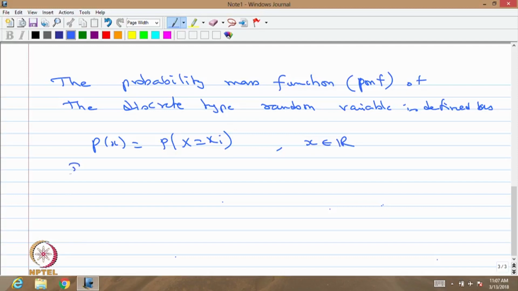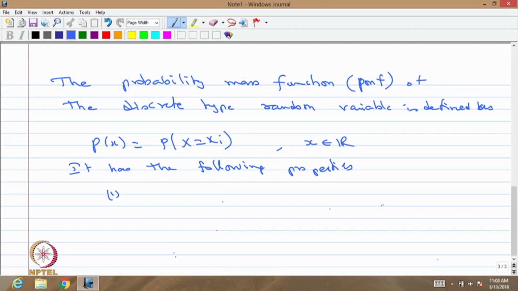It has the following properties. The first property, since P of x is the probability that x takes a value xi, wherever there is a probability of x equal to xi, it is this much, otherwise it is 0.